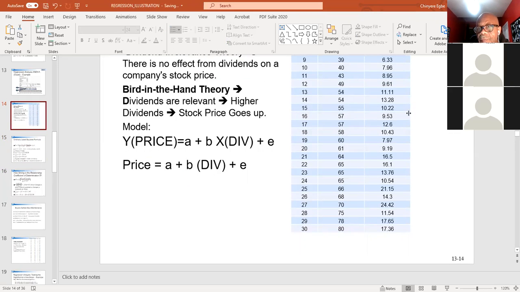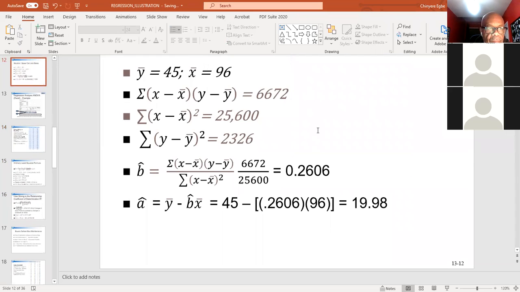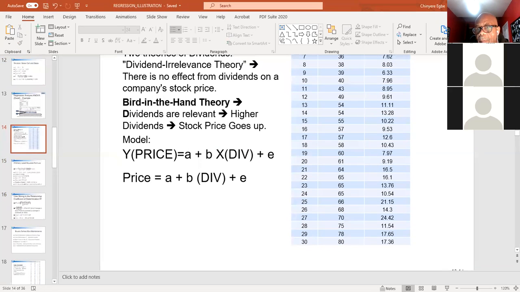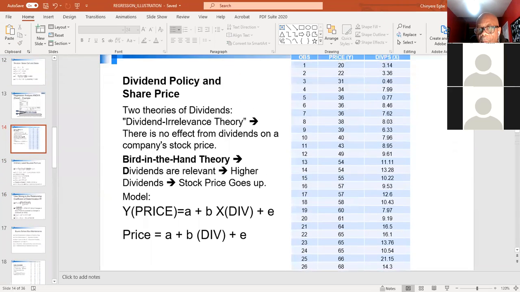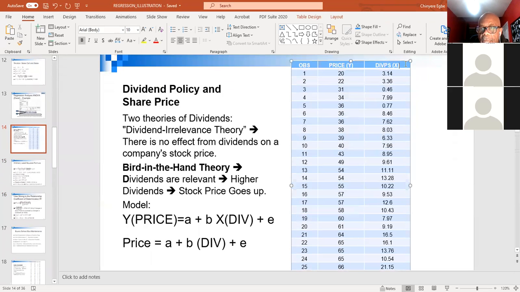For example, if you take every value, you can create another column and calculate the y hat for each value of x, and then you can get the E. So there's an E for every observation. That's called a prediction error.